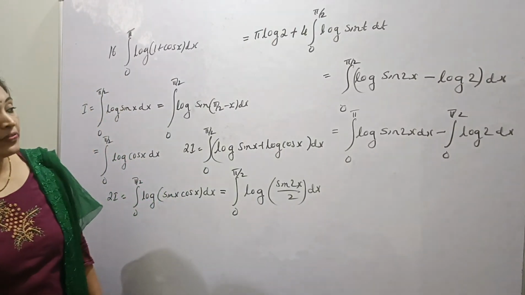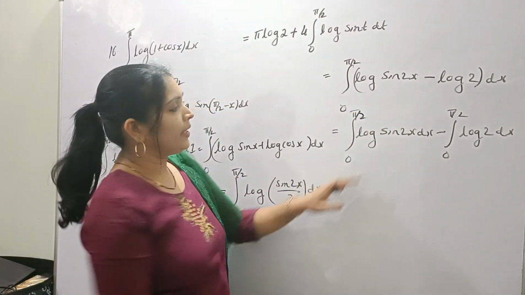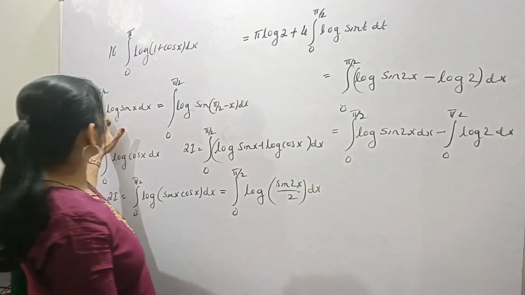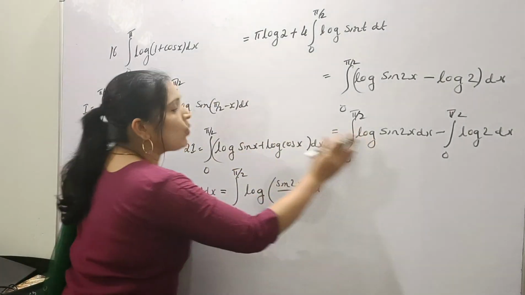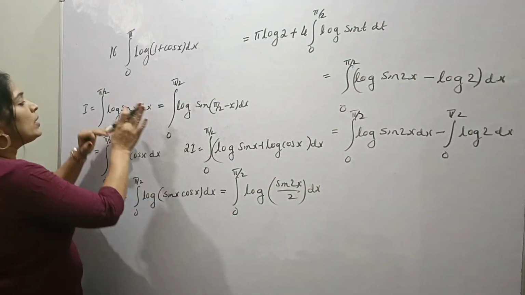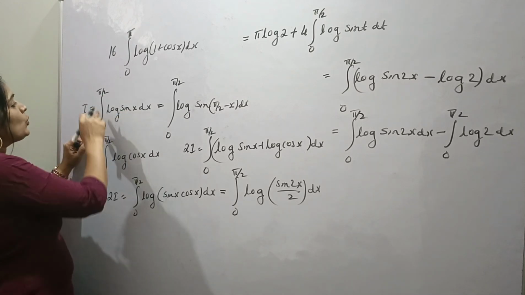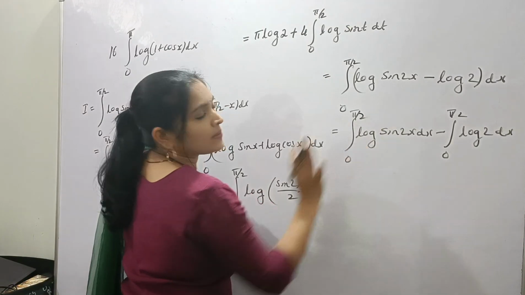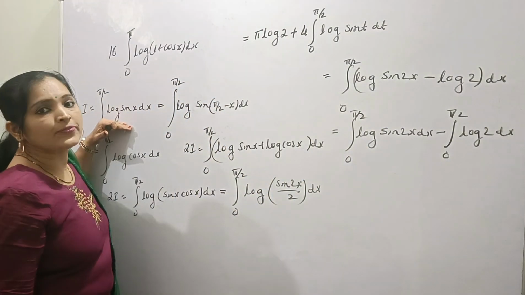Look at the first integral: we have log sin 2x from 0 to pi by 2. As I mentioned, we have to change this to the form log sin x, but here it is log sin 2x.